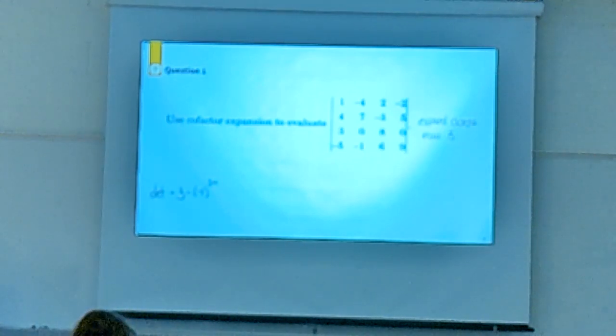That's -1 to the 3 plus 1 times the determinant of the minor. So that's the entry. You cross off that row and that column.